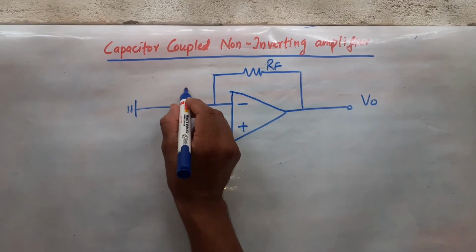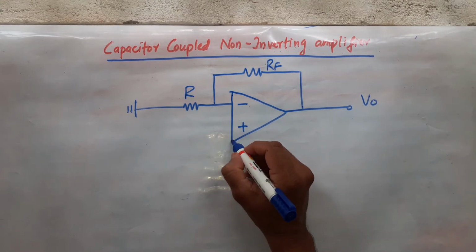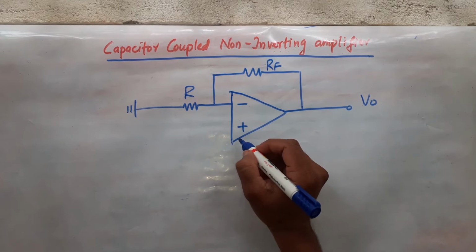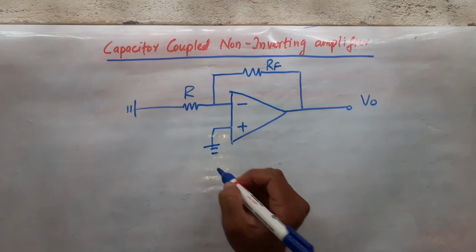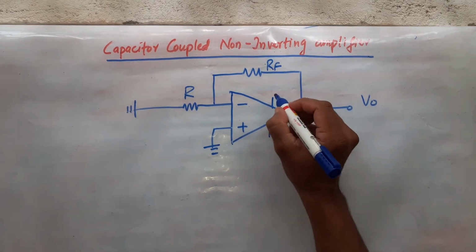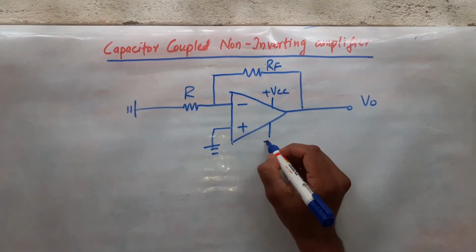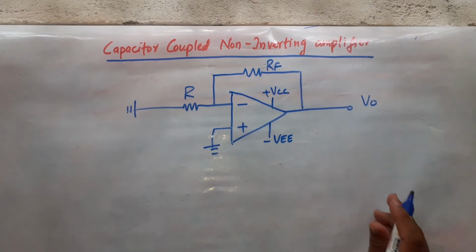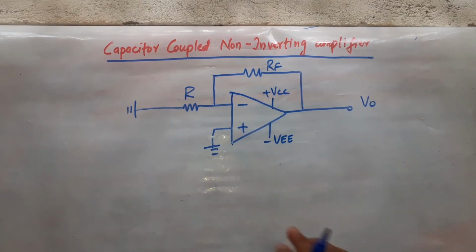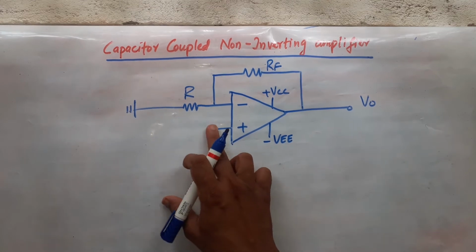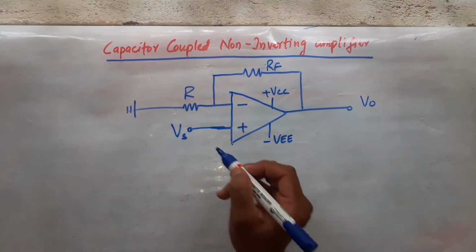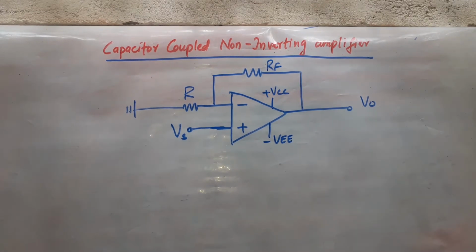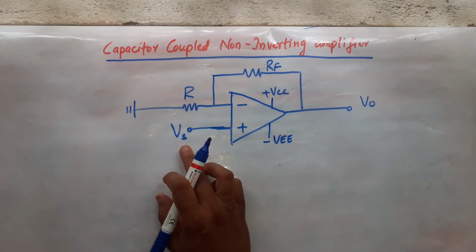This will be some resistor. We'll name it later because I want to change the suffix here. Then we used to ground this, right? This will be there, plus VCC minus VEE. This is what your non-inverting amplifier is, right? Sorry, I made a mistake here. Here we used to connect VS, because in AC amplifiers I'll be supplying AC voltage.